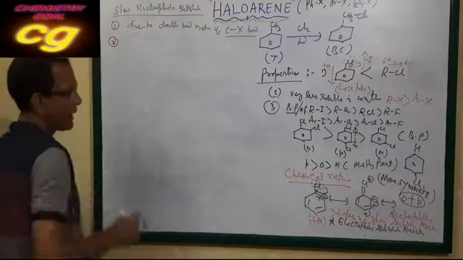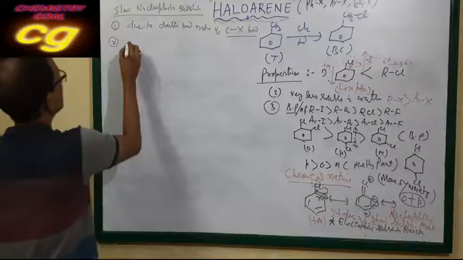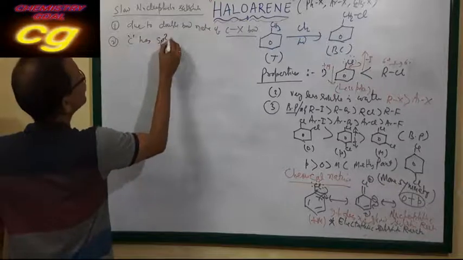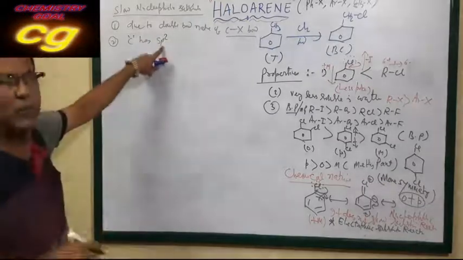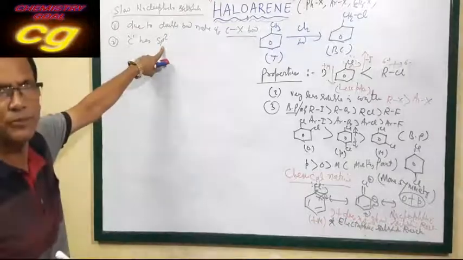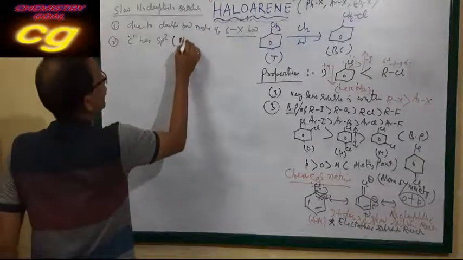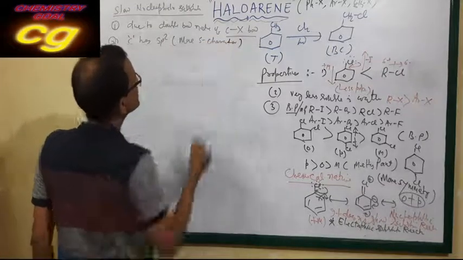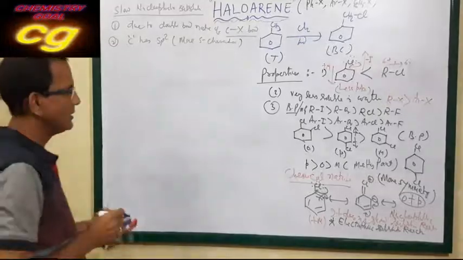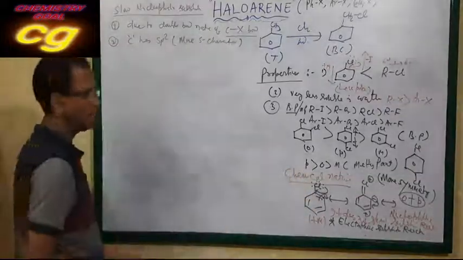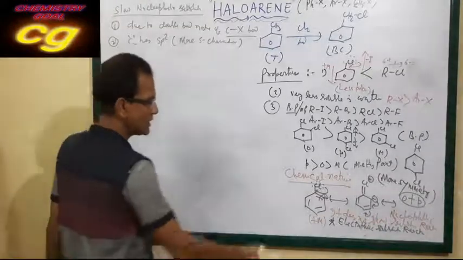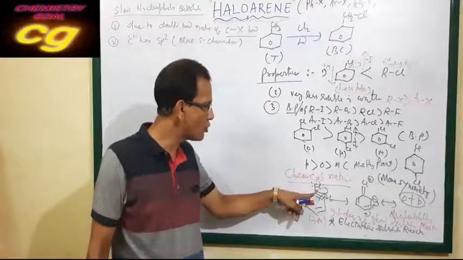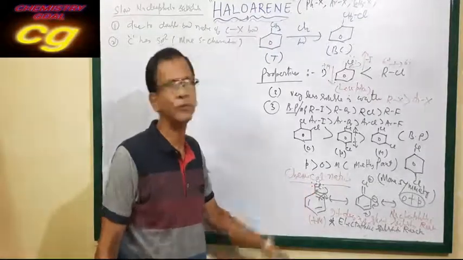The second cause is that in haloarene the carbon has sp2 hybridization. sp2 hybridization means more s character. As s character is more, the electronegativity of this carbon of haloarene is more. That's why the bonded electrons are held more tightly by the carbon atom of benzene.